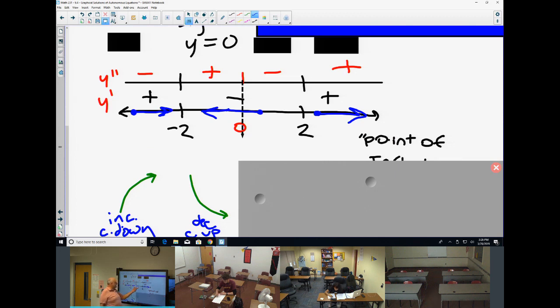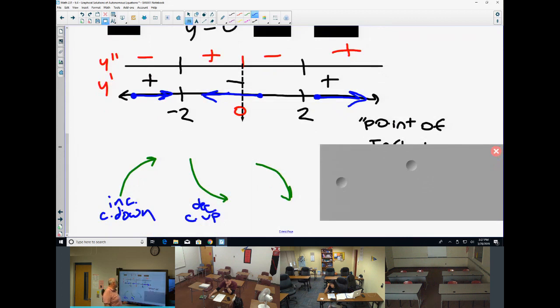All right, this third region between 0 and 2. The negative for the first derivative applies to that, so it's still decreasing. But the second derivative is negative, so what does that mean? Concave down. Okay, so decreasing but concave down. And then the last one, both are positive, so it's increasing and concave up.